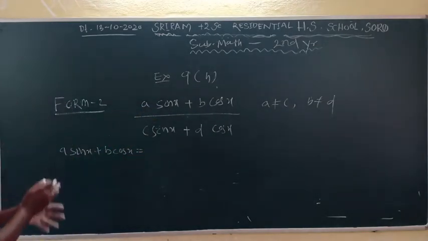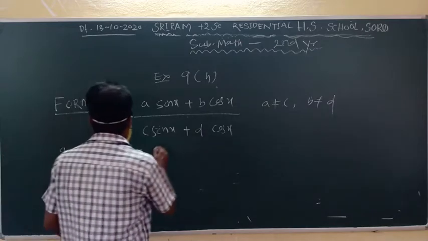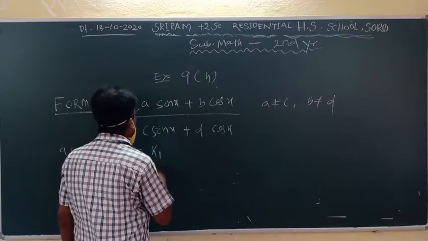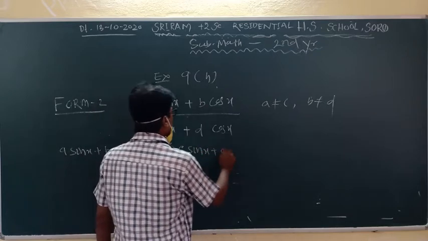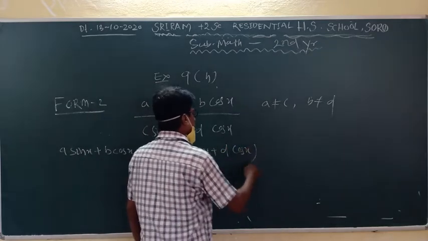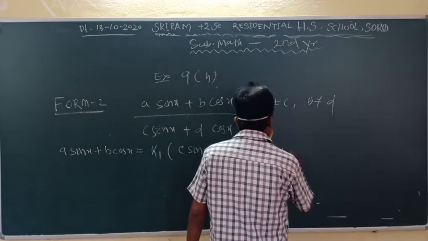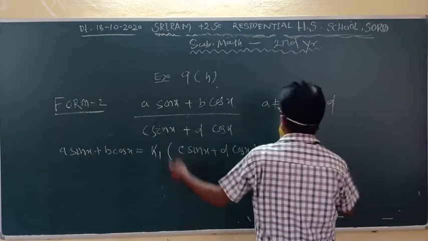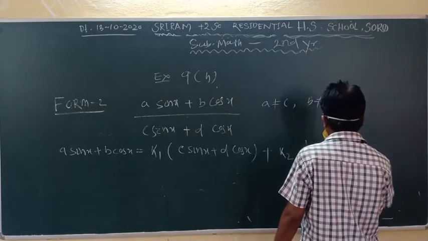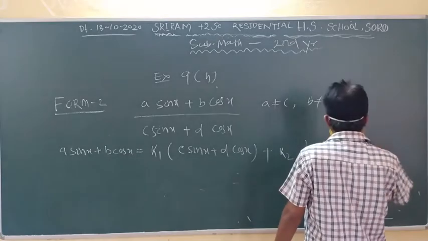Take the numerator as a constant k1 times c sin x plus d cos x plus k2 times d by dx of c sin x plus d cos x.